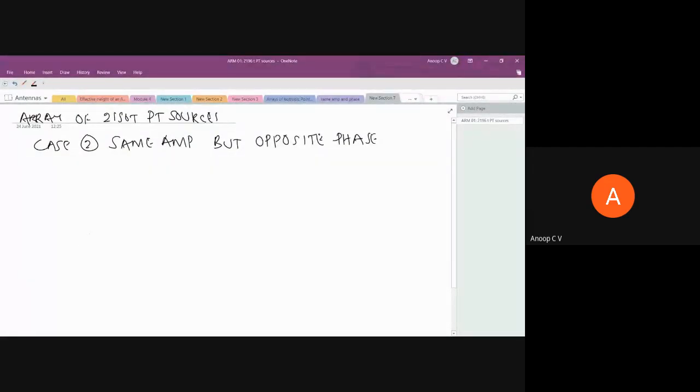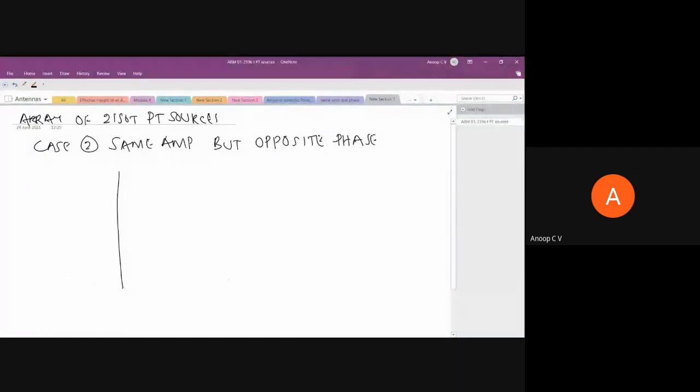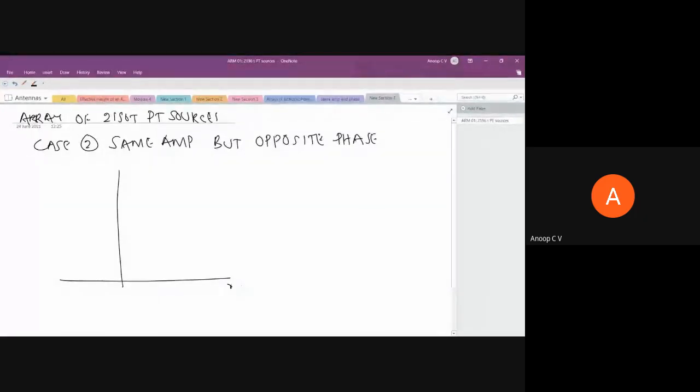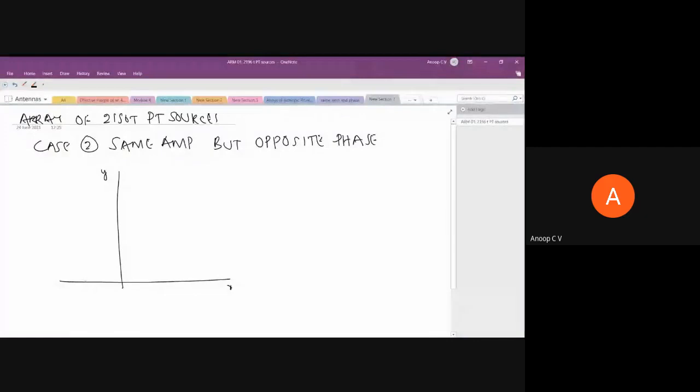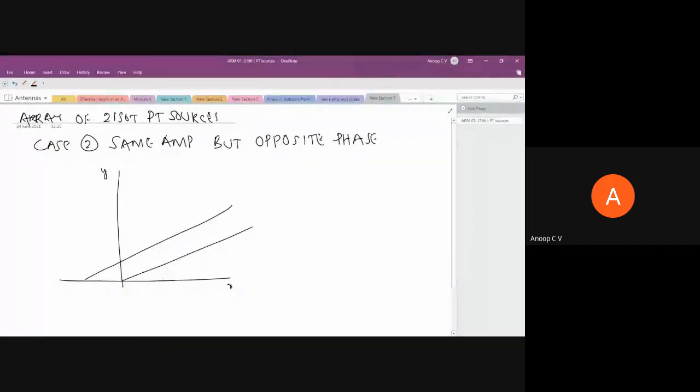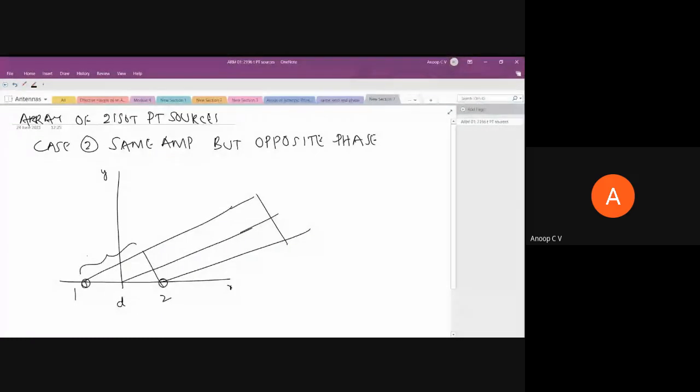So in this, I'll draw the same diagram once again, so that you all will be familiar with it. We have the y-axis, this is our x-axis, the origin. And we are interested in the far field pattern at some distance. Here I have source 1, and here I have source 2, and this separation is d, and of course this much will be d cos phi.